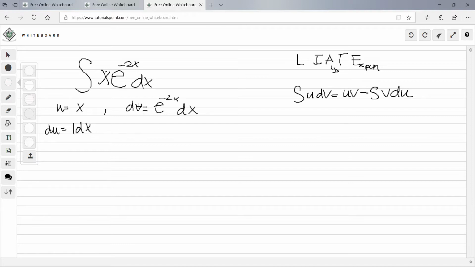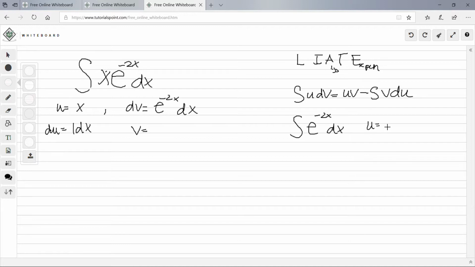To find v, you take the integral of e to the negative 2x dx. I'll do it here because you probably need to use substitution. So we take the integral of e to the negative 2x dx and use u substitution.